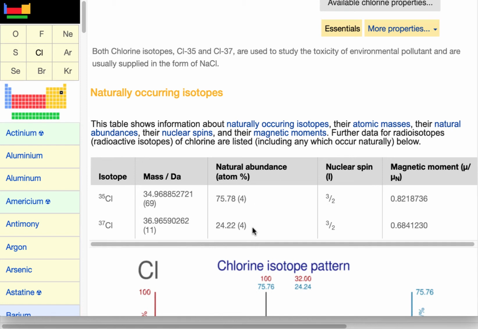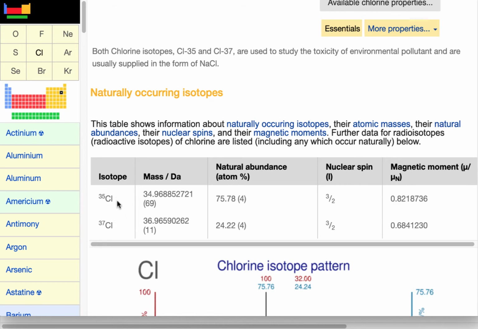And the chlorine-37 is about 24%. So that means 1 out of every 4 chlorine atoms that's hanging around in nature is probably a chlorine-37, and the other 3 are probably chlorine-35s. That means chlorine-37 and chlorine-35 both make a pretty significant contribution to the overall average atomic mass.